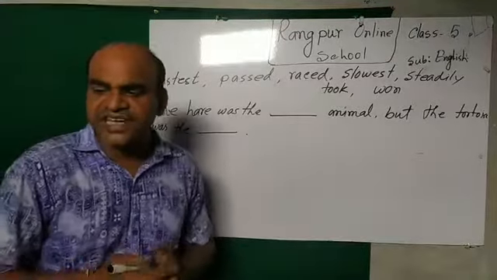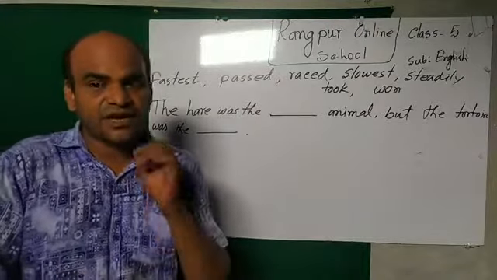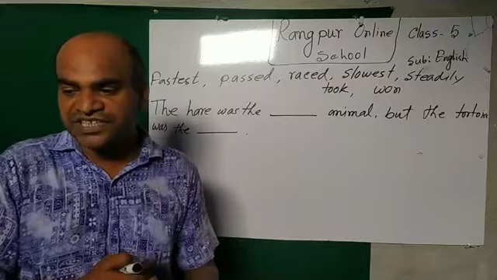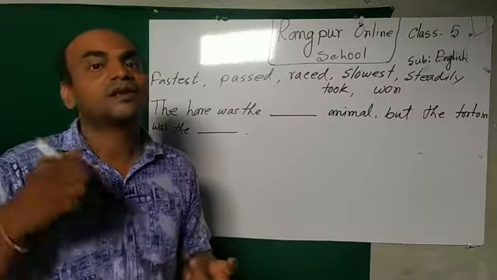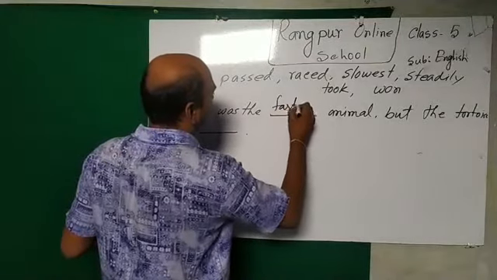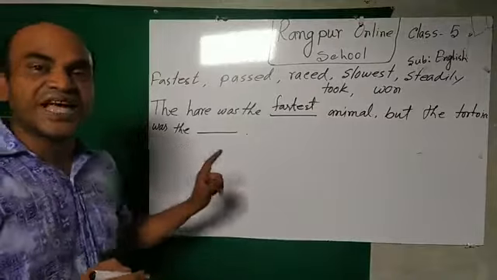What type of animal is it? It's a fastest animal, right? Fastest animal, but the tortoise was the dash.